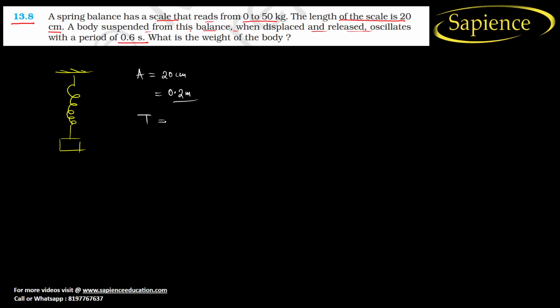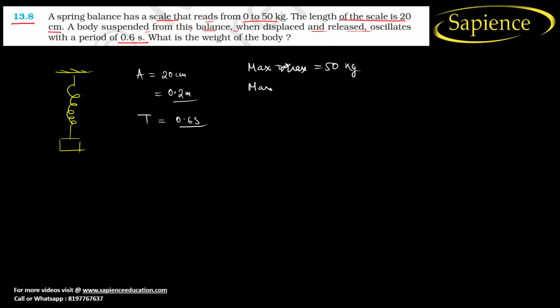Now they have also provided the time period as 0.6 second. What they want is the weight of the body when there is an oscillation of time period 0.6 second. So we have maximum mass 50 kg, after that it won't read.